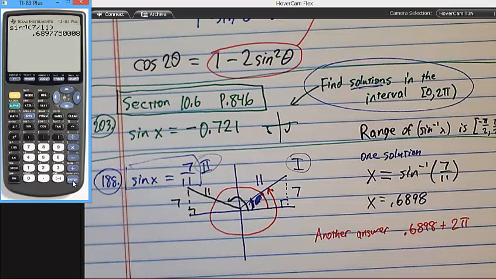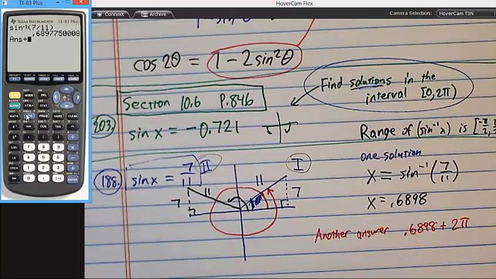Wouldn't that red angle have the exact same values for the trig functions that the blue angle has? Yeah, they're coterminal angles. Let me figure out what that angle would be. So I can take my answer and I can add 2 pi to it. So I'll say 2 pi. Enter. So there's another answer, 6.97.